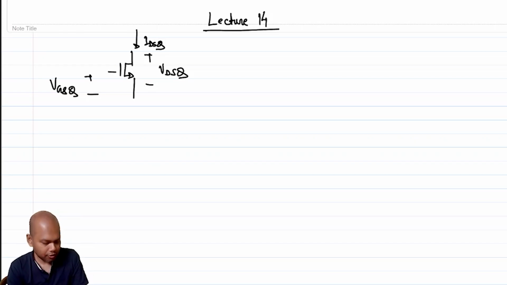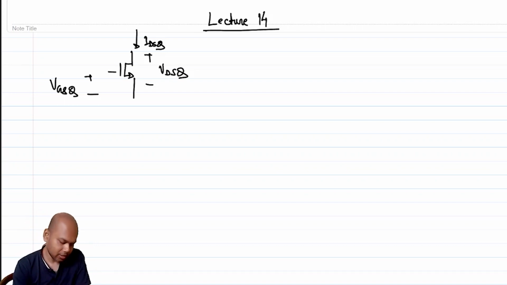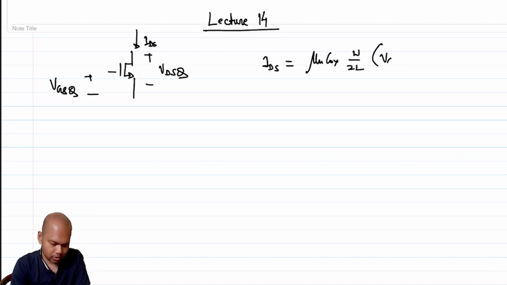If I use our textbook saturation current equations for long channel devices, then we know that your IDS is essentially, I'll just drop the Q because we are doing quiescent anyhow, UN Cox W by 2L times VGS minus VTH whole square.